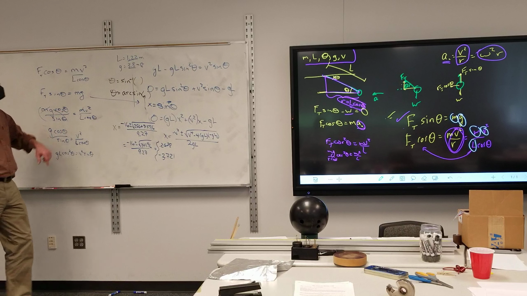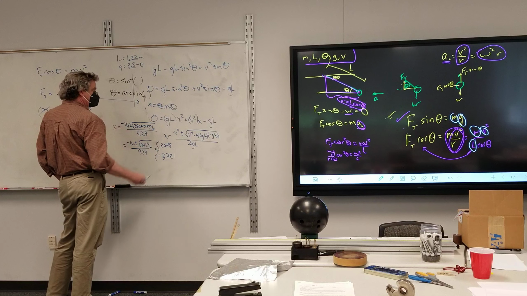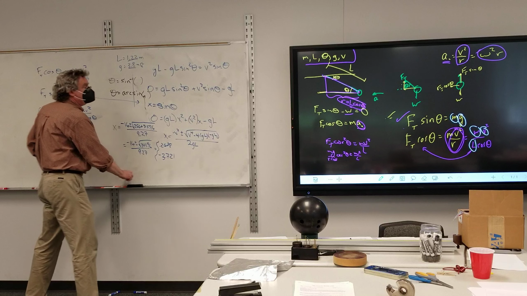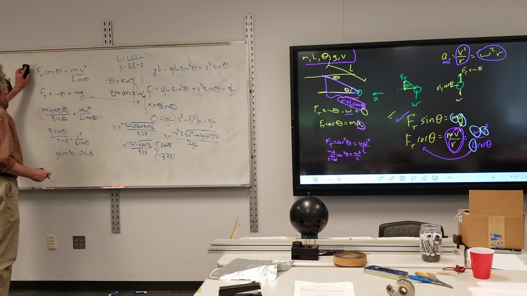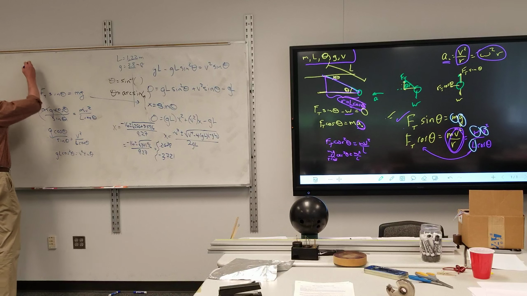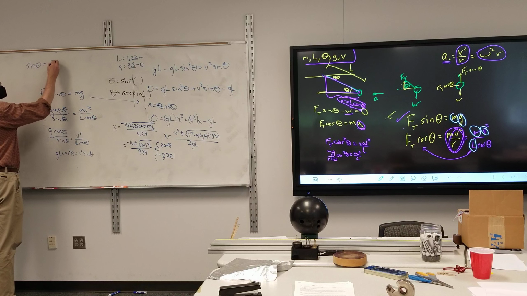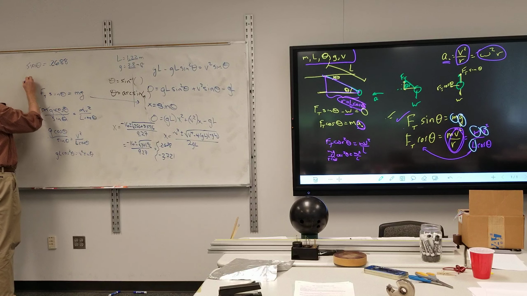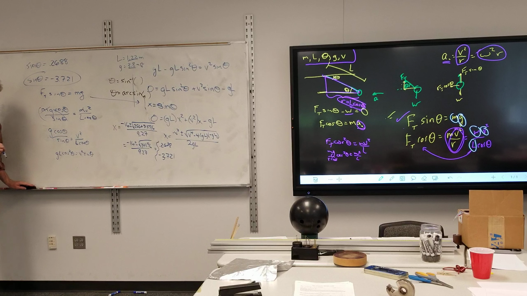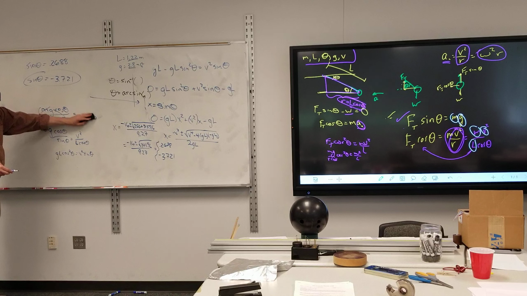So I'm making the claim here that the sine of my angle equals 0.2688, or the sine of theta is equal to negative 3.721. I know this cannot be the solution. You try it on your calculator to solve for theta there, you should get an error.